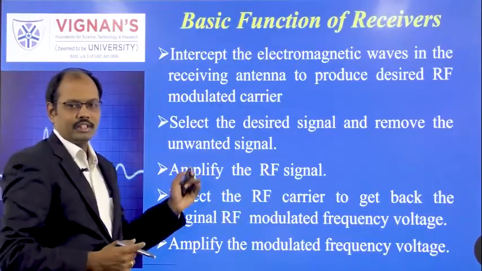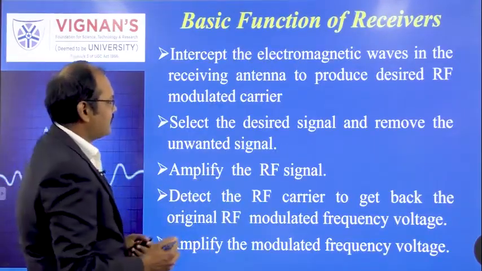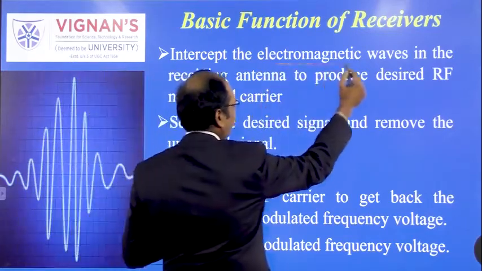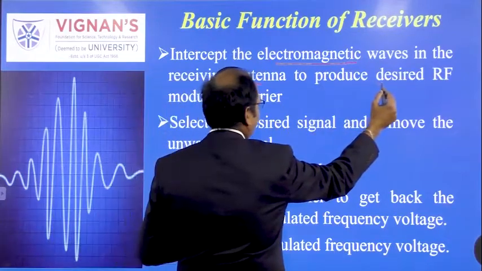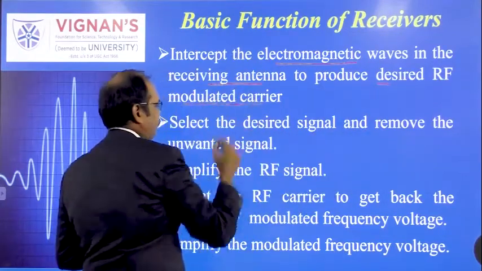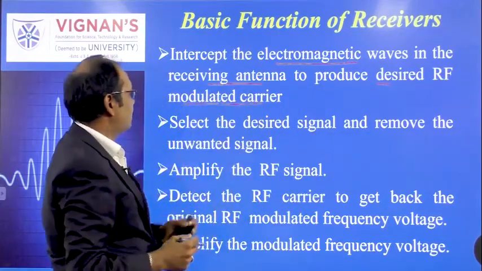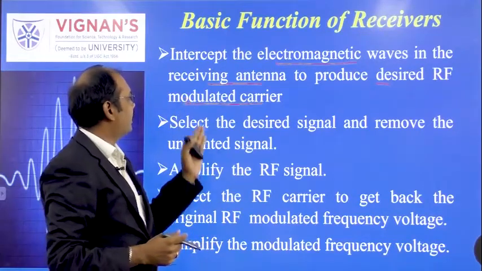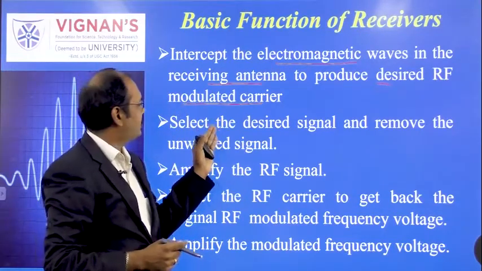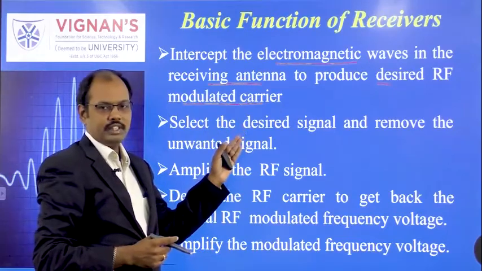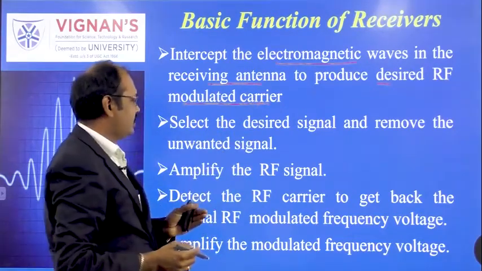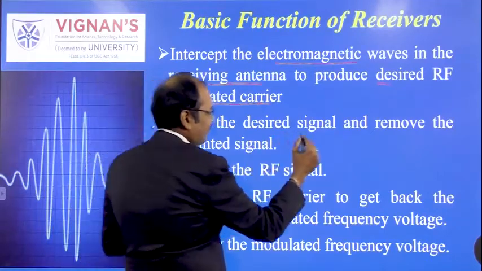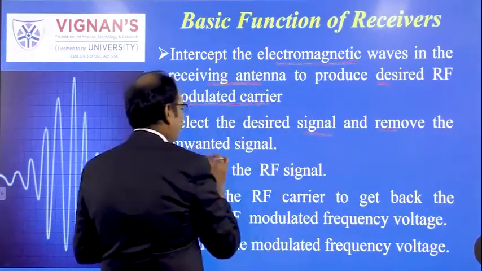So what are the basic functions of a receiver? It will be receiving the electromagnetic wave in the receiving antenna to produce the desired RF modulated carrier. It also has to select the desired signal and remove the unwanted signal.